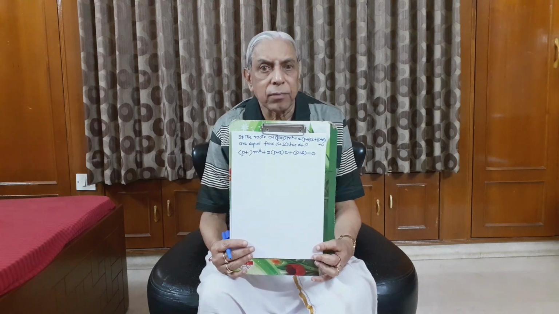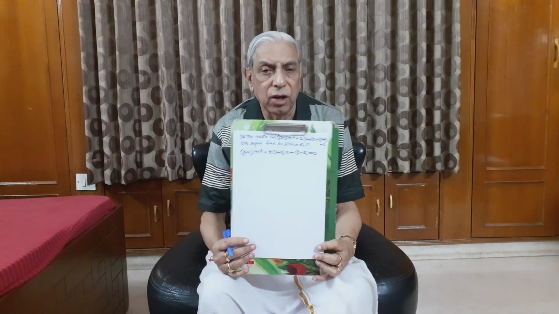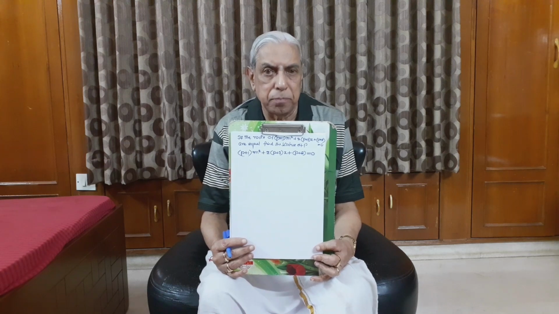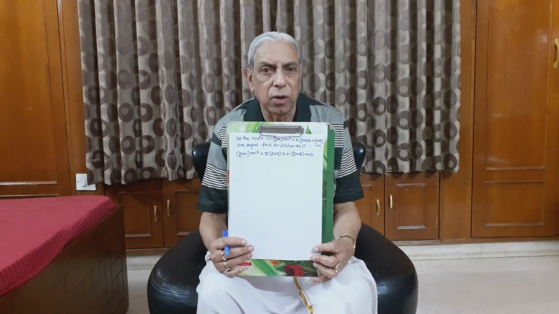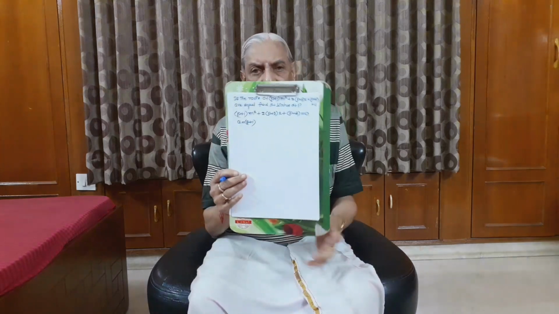Then analyze the values of a, b and c. Analyze the values. Here a equals p plus 1, correct? m squared is there, and the m squared coefficient is a. So a equals p plus 1.